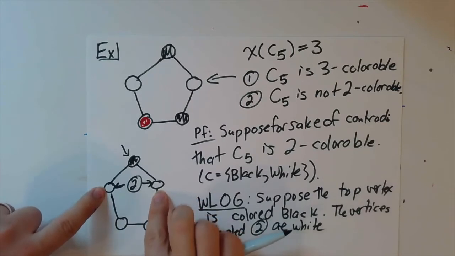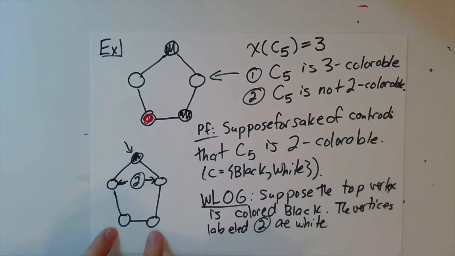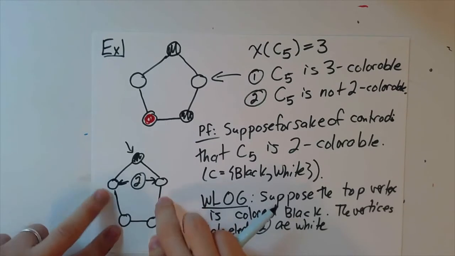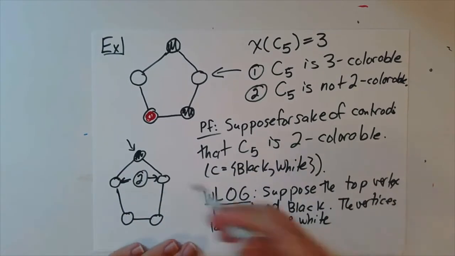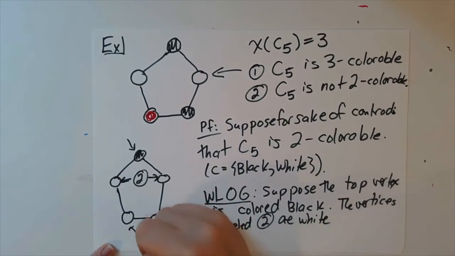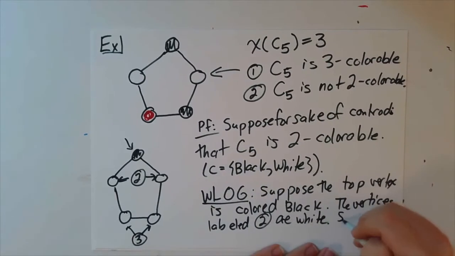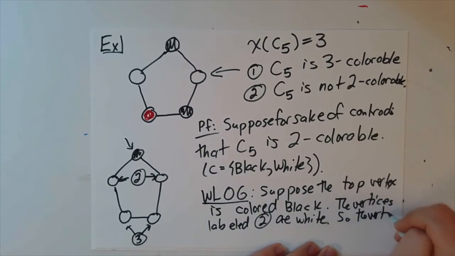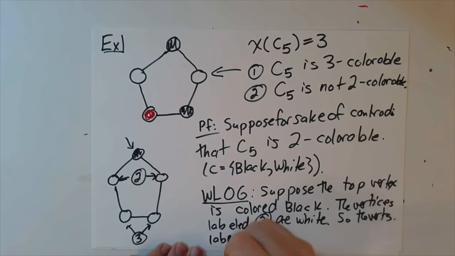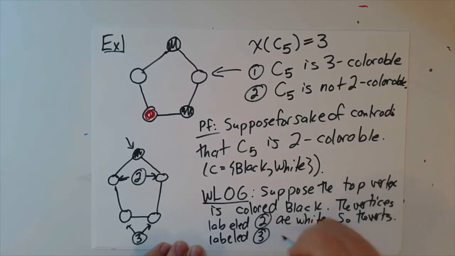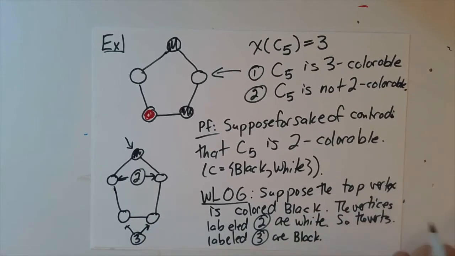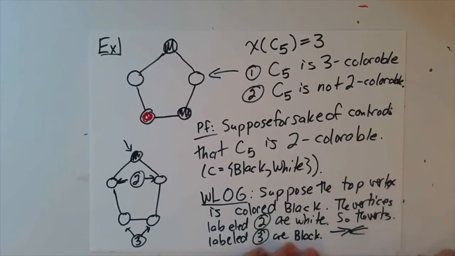So these are now white. Okay. But now these two are next to white vertices, so they must be black. So now the vertices labeled 3 are black. But that's a contradiction because now I'm coloring two adjacent vertices in the same color.